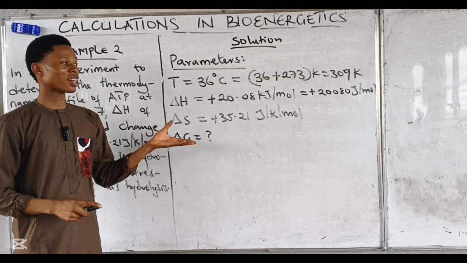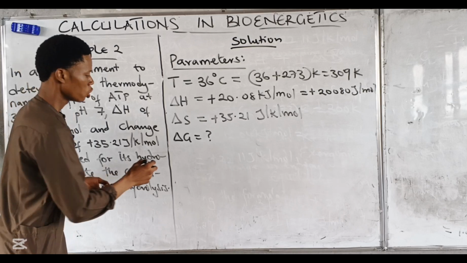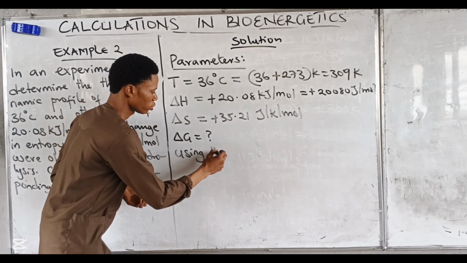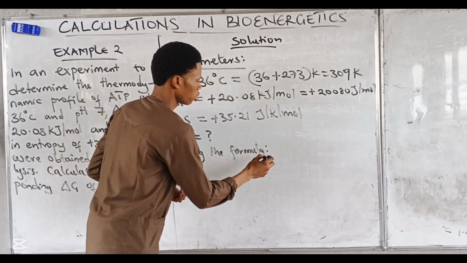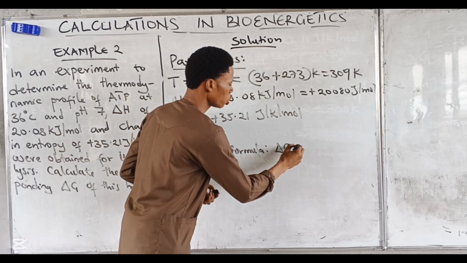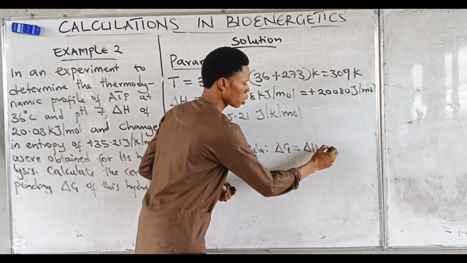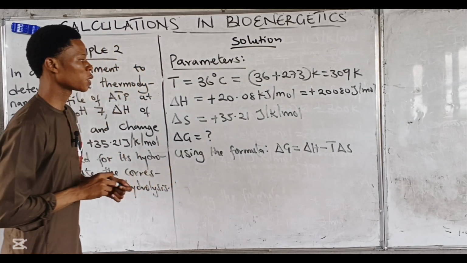I told you, after writing the parameters given, the next one is statement of what? Formula. So you write, using the formula, delta G equal to what? Delta H minus T change in S. So you've stated your formula.